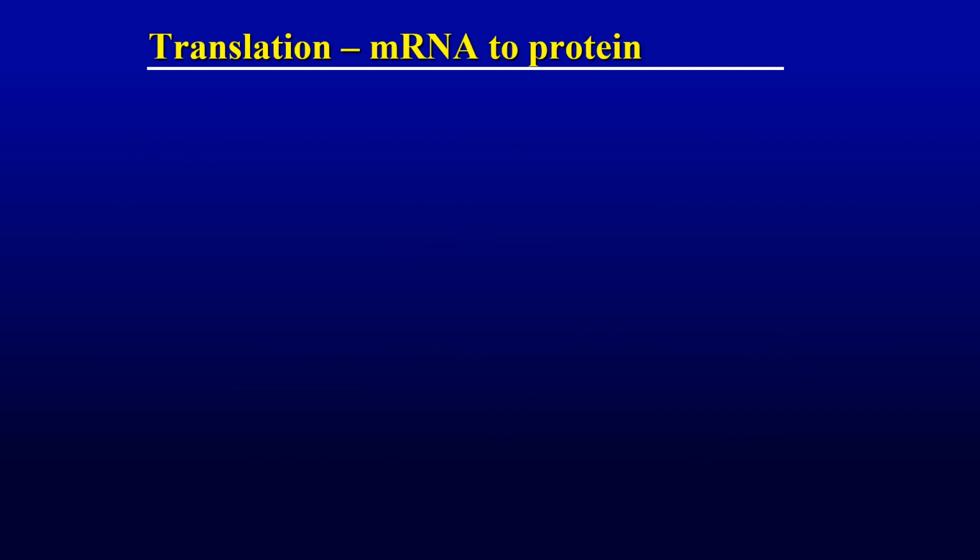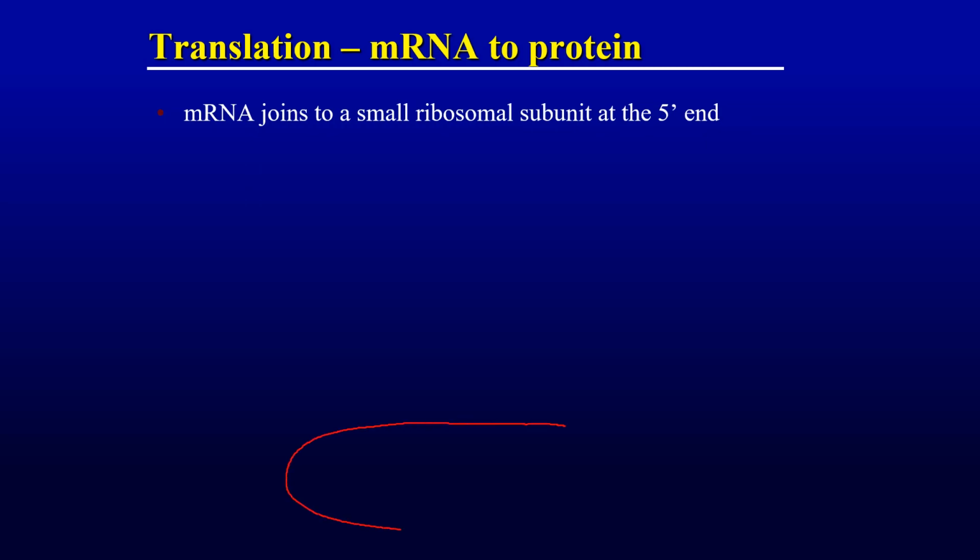Okay, so let's have a closer look at this process of translation, and we'll go through it step by step. So the first thing then is the messenger joins to a small ribosomal subunit at its 5' end. So I'm going to draw a small ribosomal subunit.